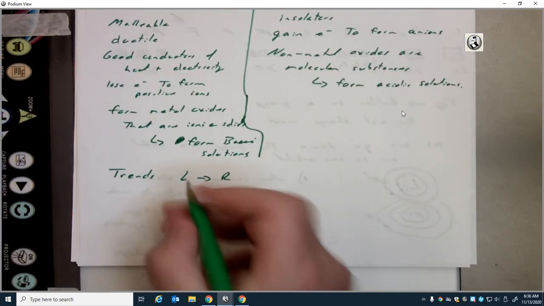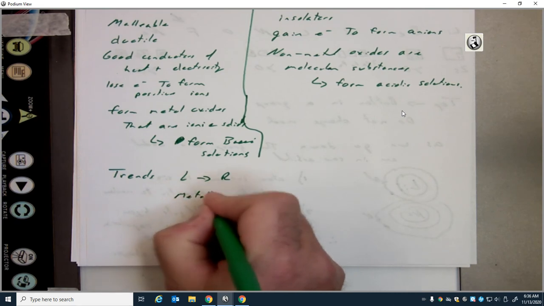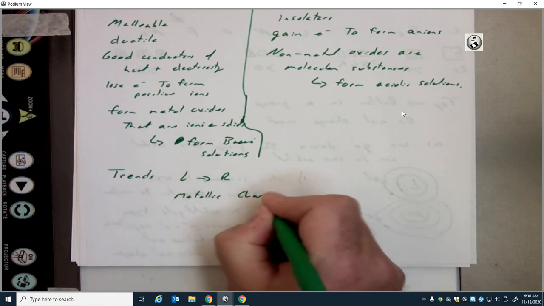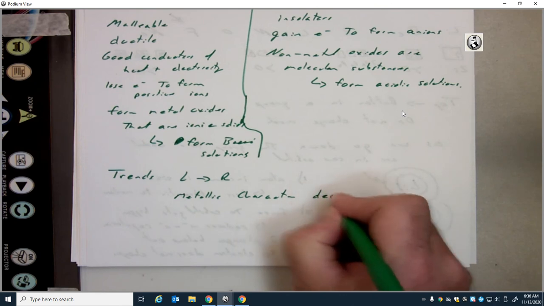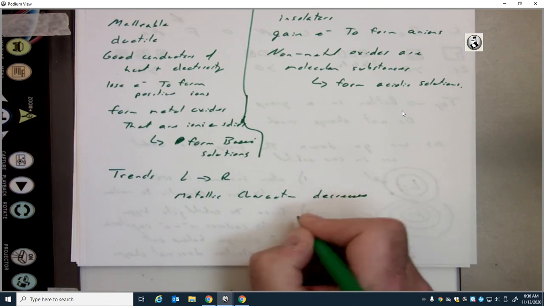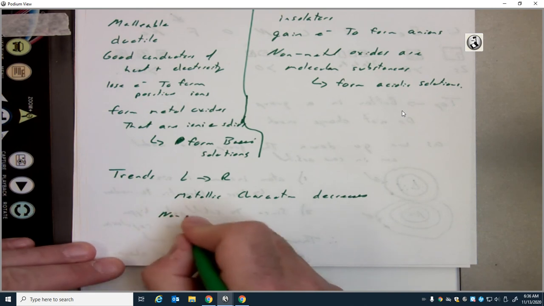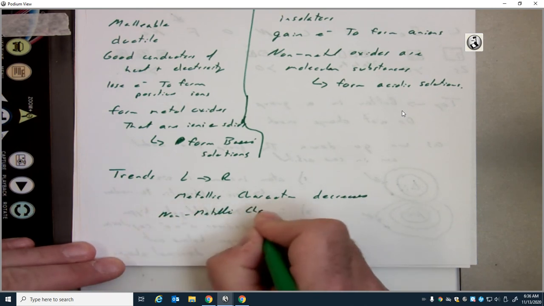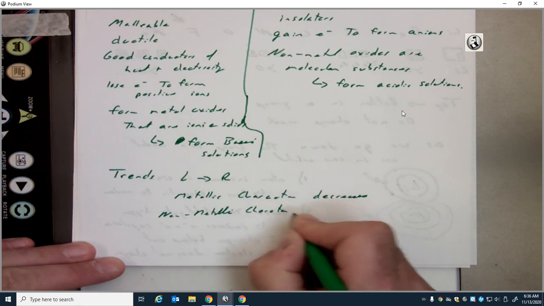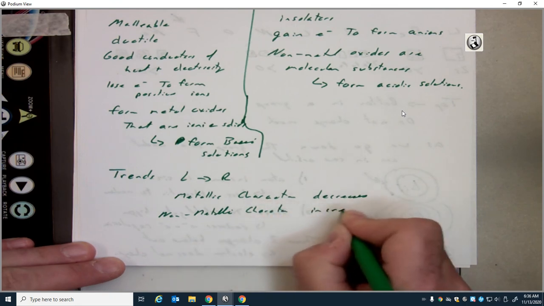So metallic character decreases, and non-metallic character increases.